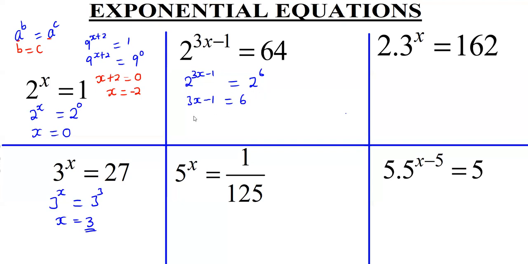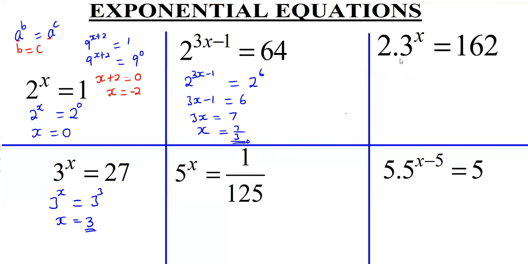So you just equate the exponents. 3x is going to be equal to 6 plus 1, which is 7. So x goes to 7 over 3. That's your answer there.